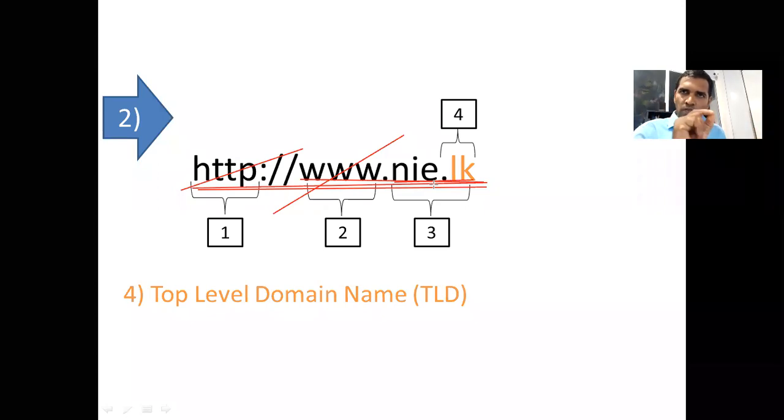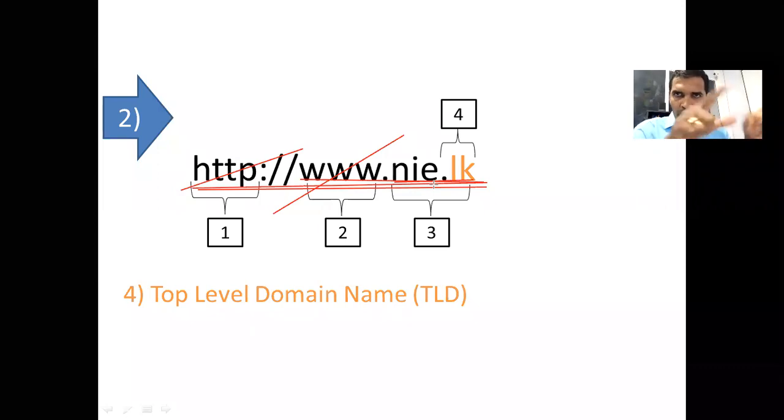Since your computer has the IP address of the destination, which means the web server, definitely it can access that web server. So straight away, my computer sends a request to the web server. Now, as a reply, that web server sends that particular web page to my computer. That is happening whenever you type URLs.